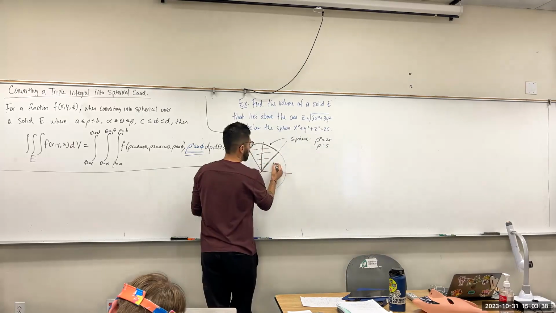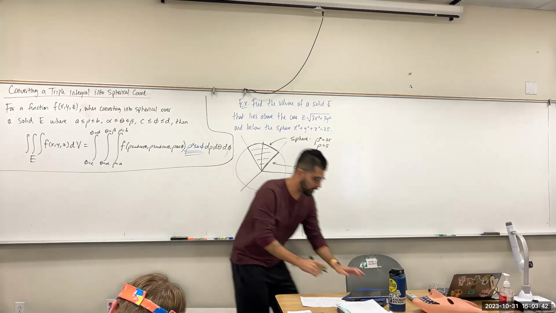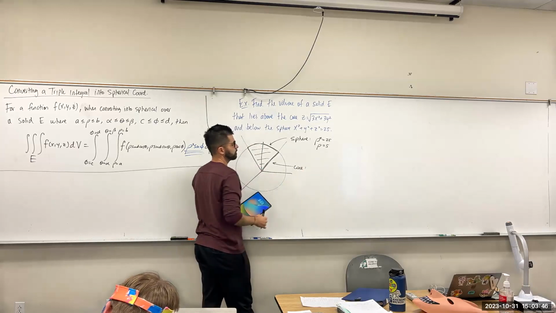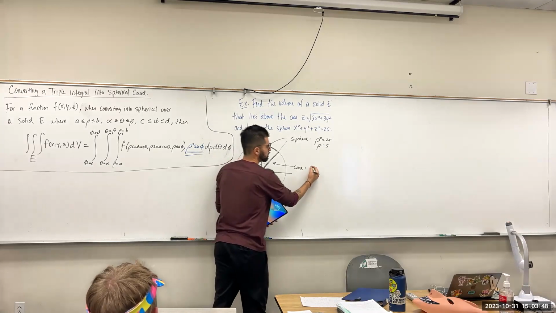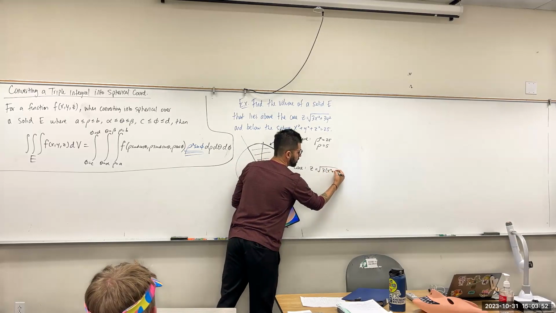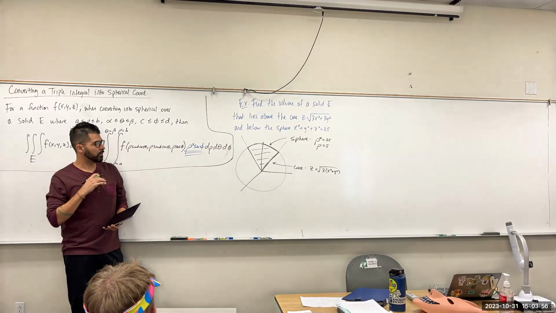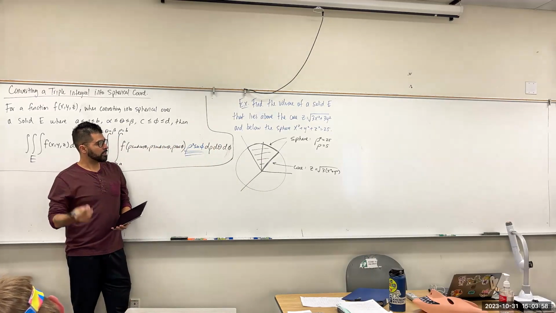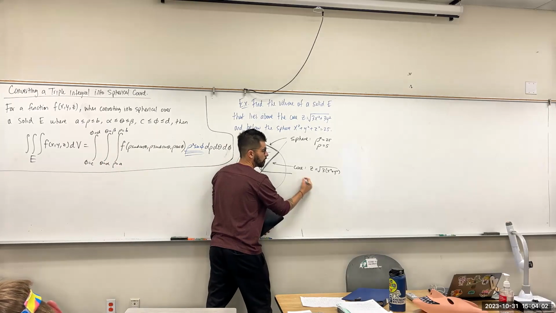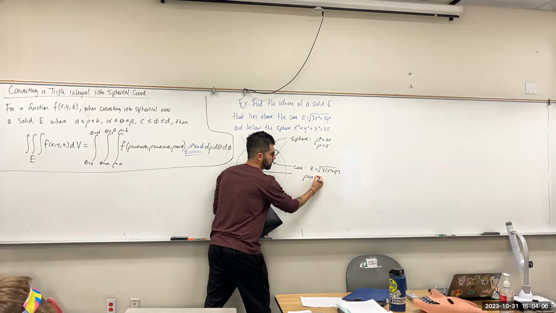And then you got your cone. Here we are going to have to do a little bit of algebra. It's going to be similar to what we did earlier. The z is going to change into spherical: rho cosine phi.